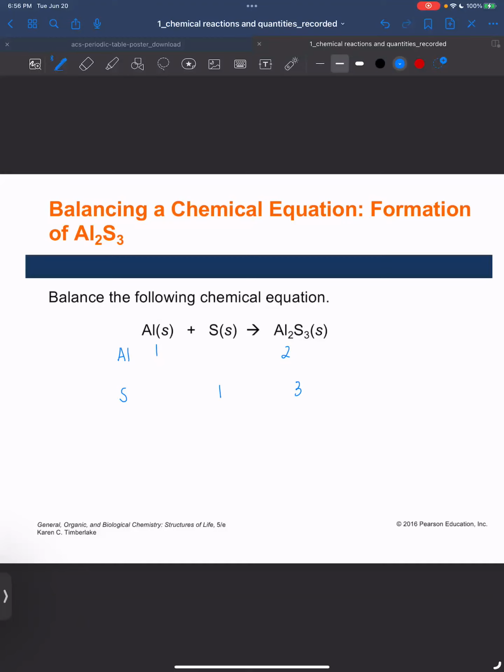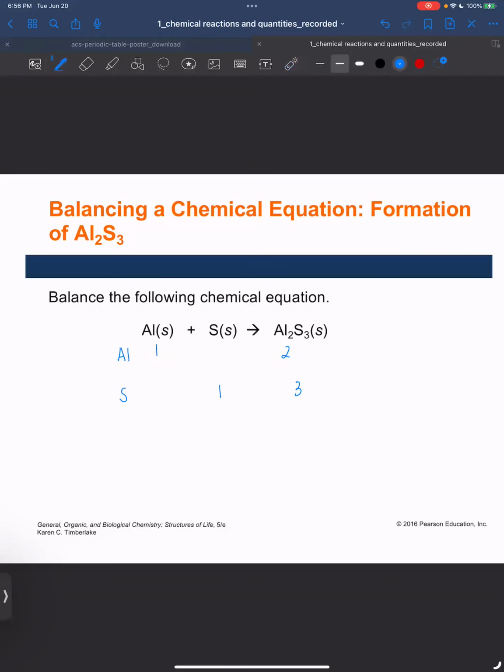What I notice here is that I'm going to start with the aluminum. I have two over here. I want two here. Now I can't write Al2 with a subscript because that doesn't exist in nature. In its simple elemental form, it's just monoatomic aluminum. But the way you can balance equations is by adding what's called a coefficient out front.